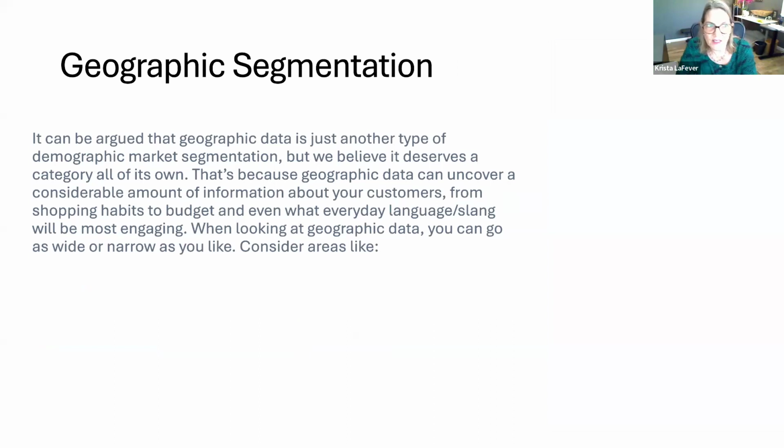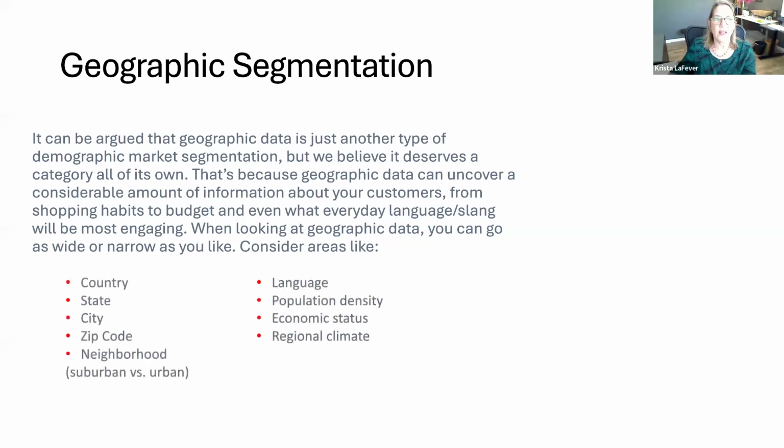Geographic segmentation is, as it sounds, basically where people are living. And the reason that that's important is you can go into a certain country that has a different language, for example. So if you are marketing to the Latin American market in English, it's not going to be very effective. So this geographic segmentation is super important for that.